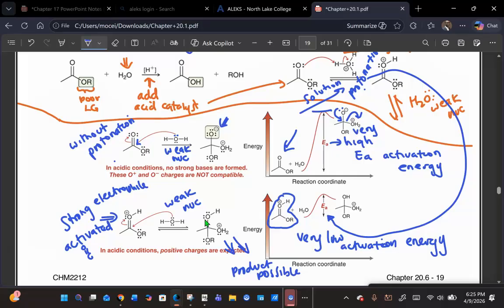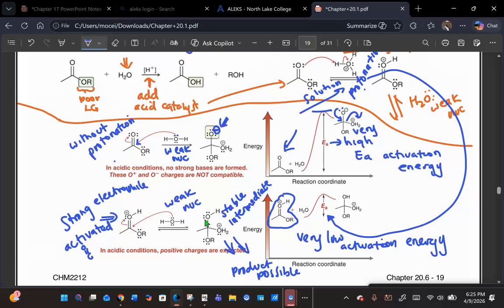You see how there's no negative charge? Here there's a negative charge. Here there's no negative charge. So this is a stable intermediate. Again, it was better for us to protonate to get the stable tetrahedral intermediate, and then we can proceed.